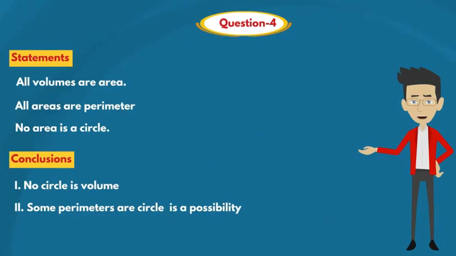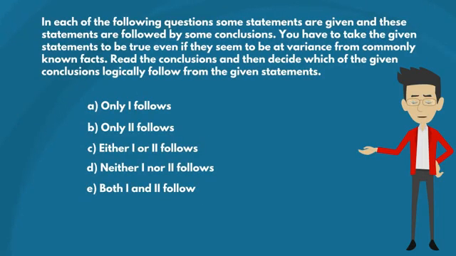After checking two conclusions, conclusion 1 is true and follows the statements, and conclusion 2 is also true and follows the statements. So the answer is option E. Both 1 and 2 follow.